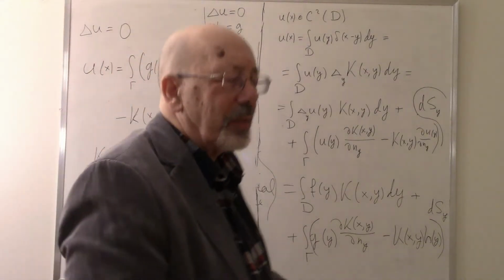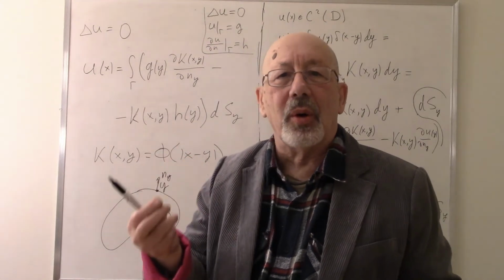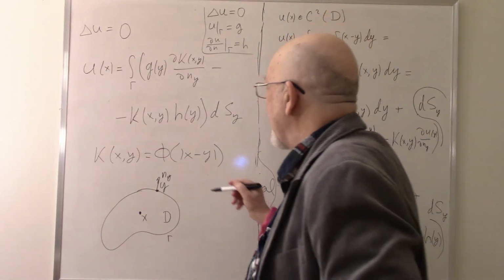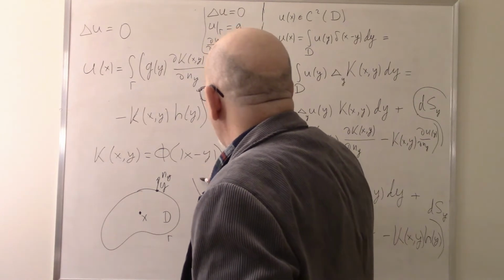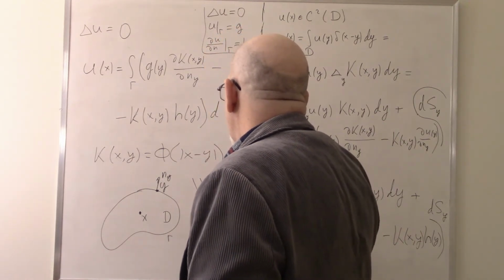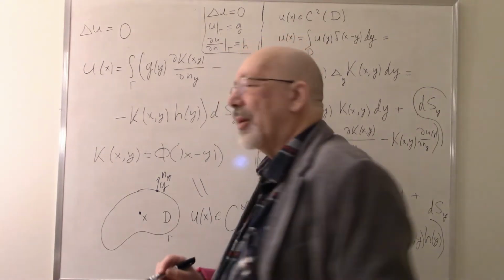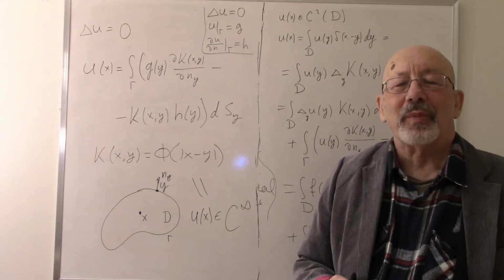What does smooth mean? It means that it has all derivatives of all orders. So the conclusion from this formula is that u of x is of class C infinity.